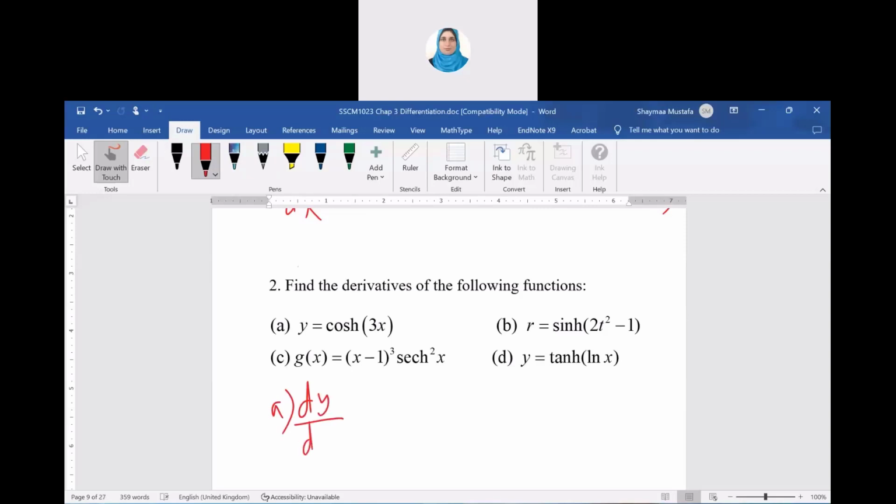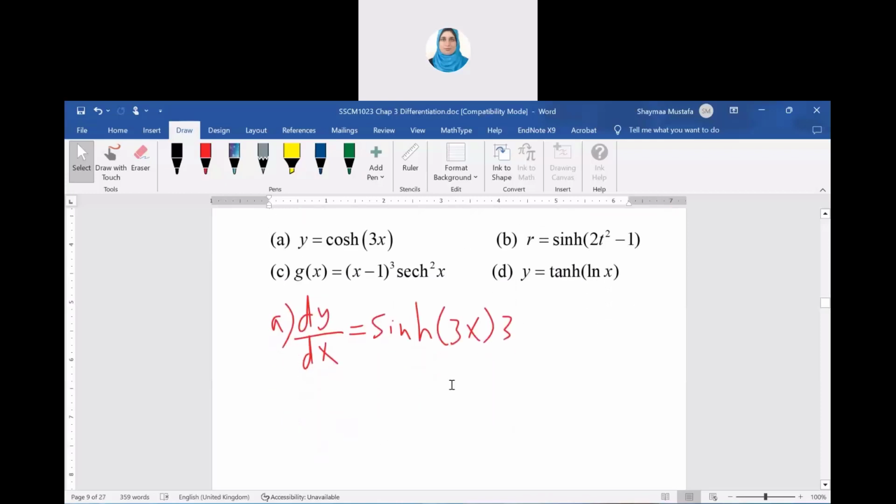So dy over dx: the derivative of cosh is sinh, of 3x, multiplied by the derivative of 3x. Keep 3x, don't change it. Then outside you multiply by the derivative of 3x, which is 3.